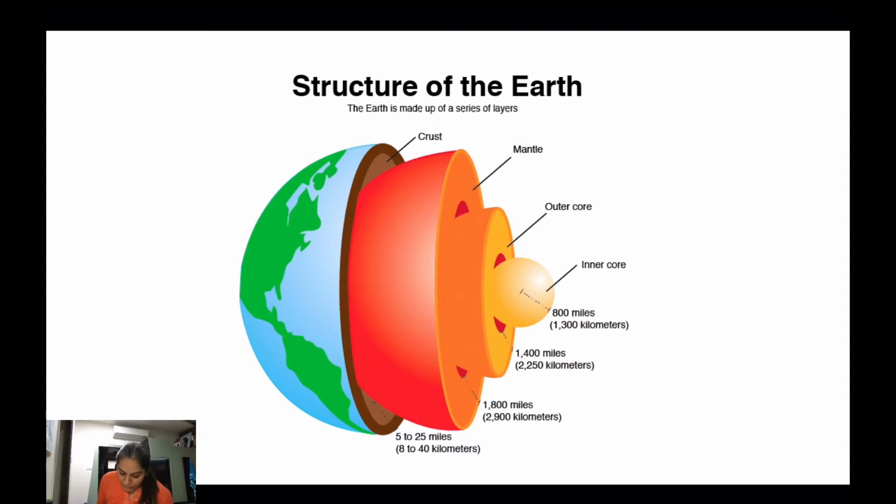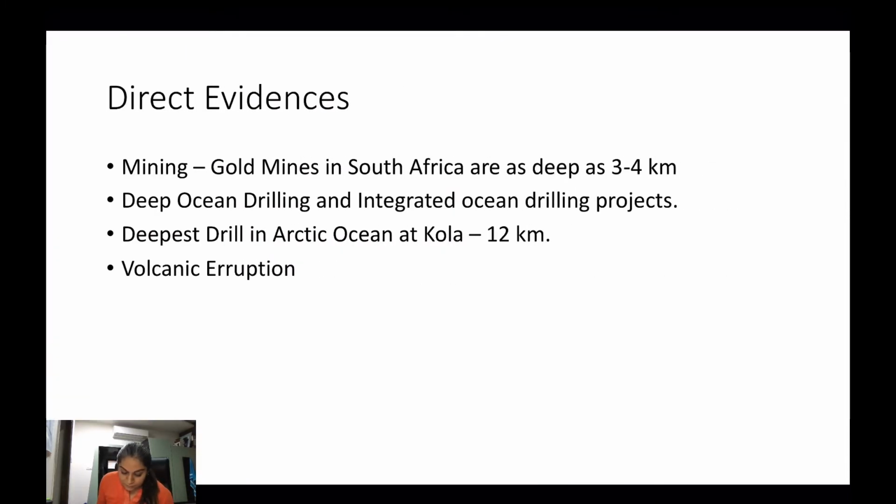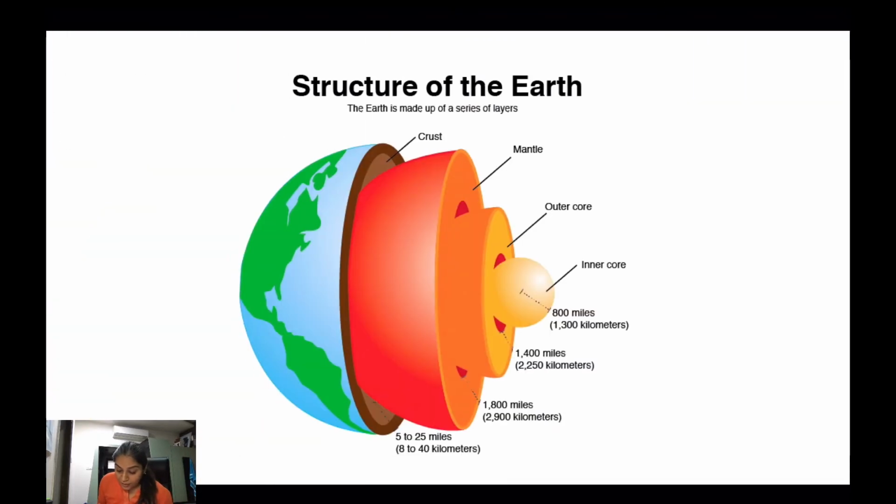Another thing that we need to remember is what the crust, mantle and core are made up of. Crust is said to be made of two main elements, silica and aluminium, so that forms Sial, and that is mainly the continental crust.